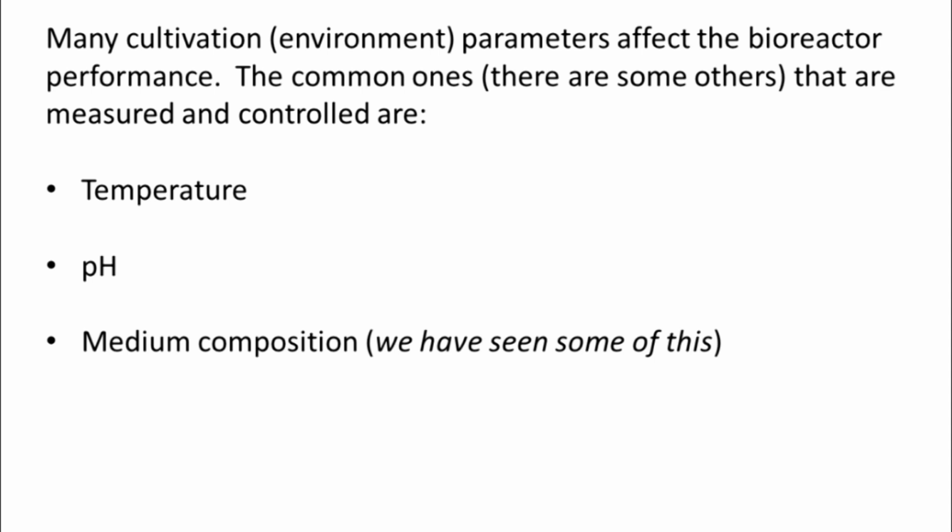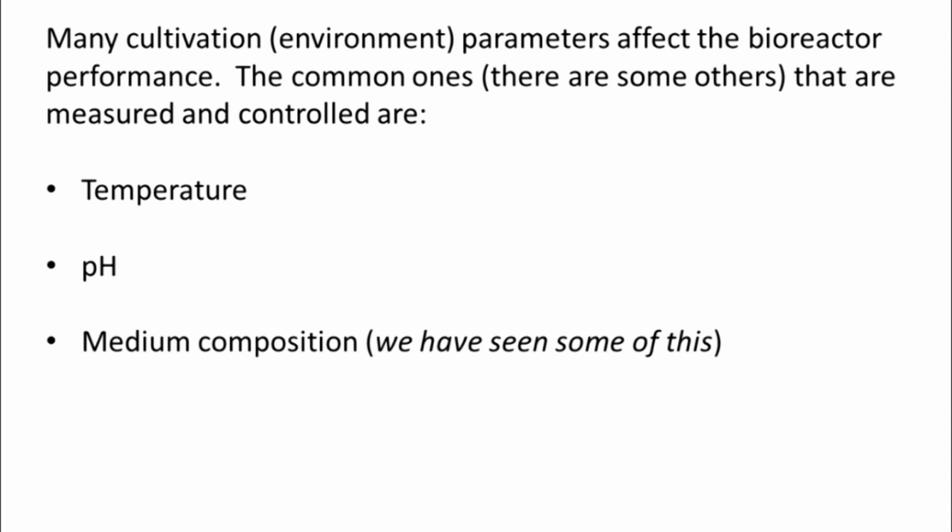We have seen some aspects of this. Remember, we looked at the effect of substrate concentration and growth rate. That kind of falls into this broad aspect. But the medium composition itself affects the product formation.